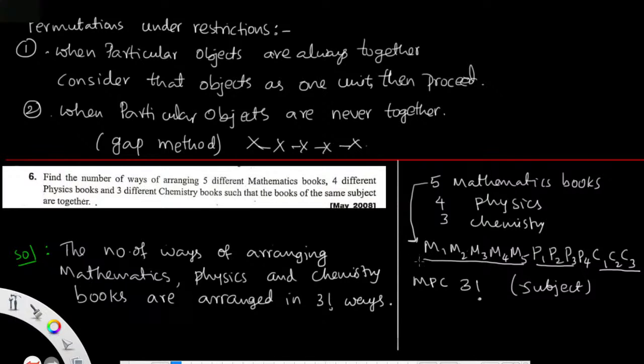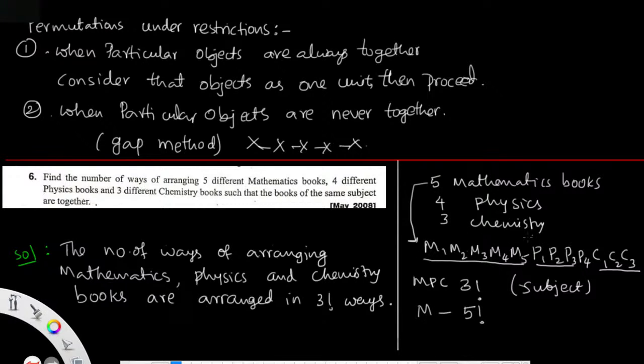Similarly, M1, M2, M3, M4 need not be in the same order, so there will be another permutation among themselves. Mathematics books can be arranged among themselves in 5 factorial ways.